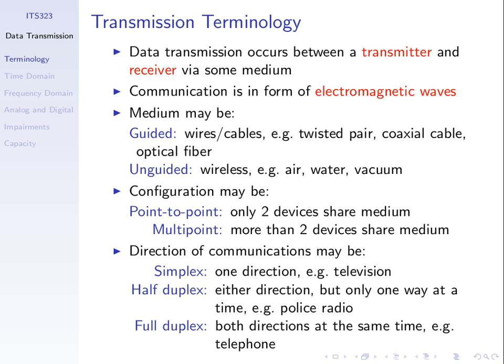The other way we can classify links and mediums is the direction in which we send our signal, in which we communicate between two devices. We have simplex communication, which is one way only. Television is the example. With TV, the TV station has a transmitting tower.